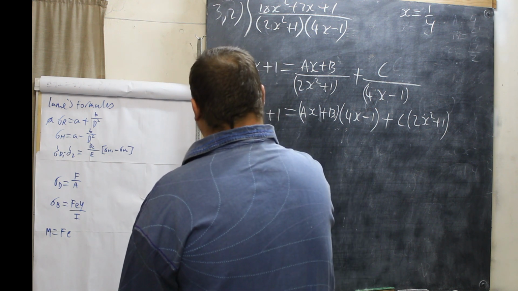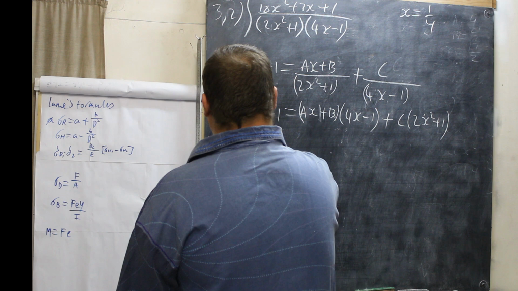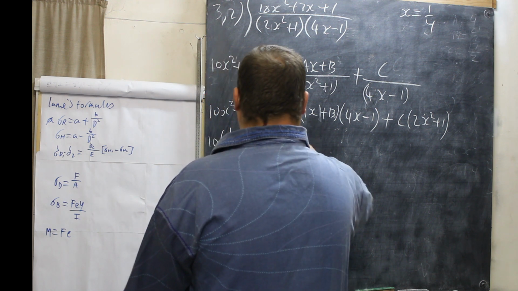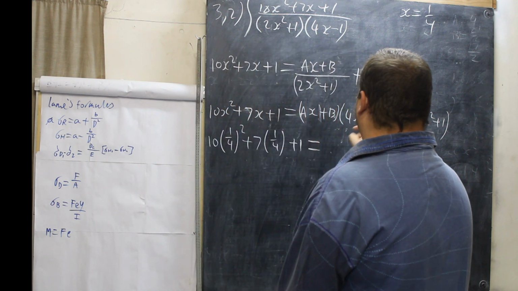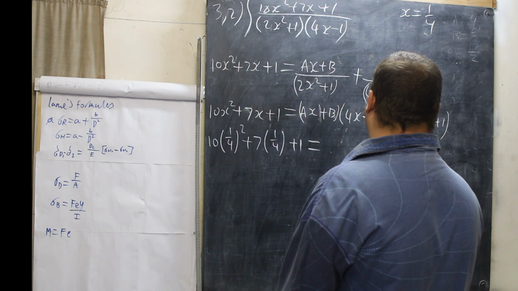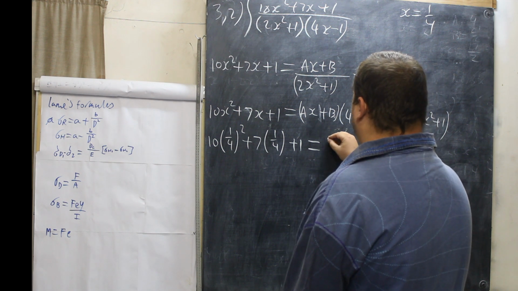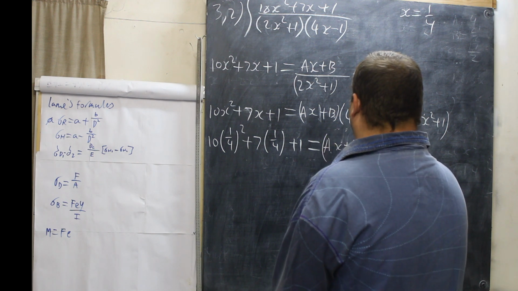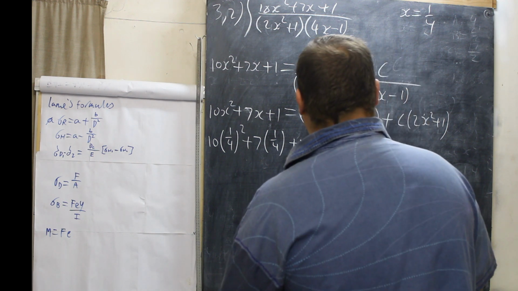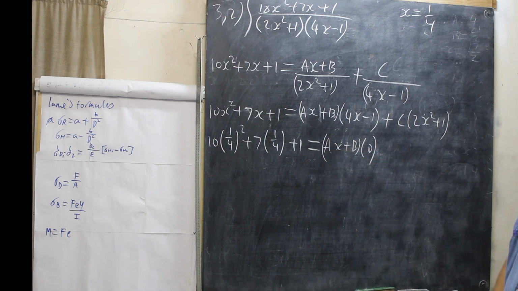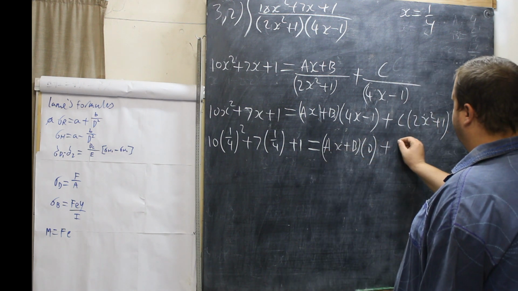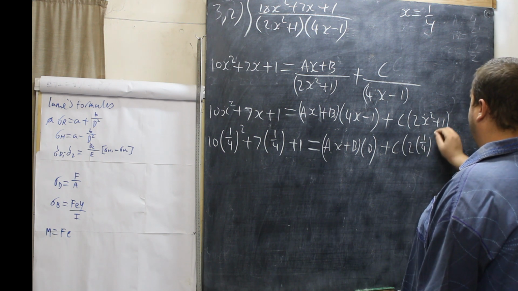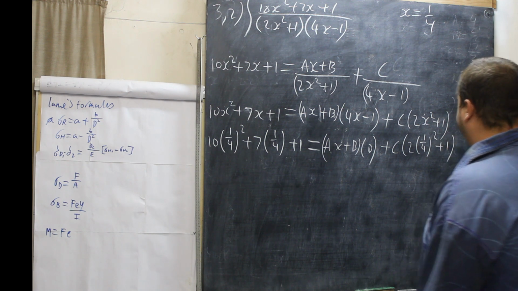So 10 times a quarter squared plus 7 times a quarter plus 1 equals bx times a quarter, that cancels away. So ax plus b times 0, that cancels off, plus c times 2 times quarter squared plus 1.